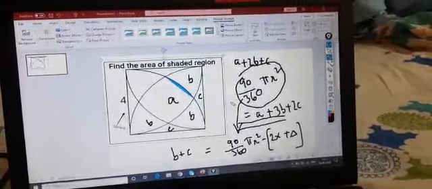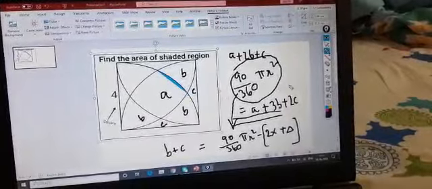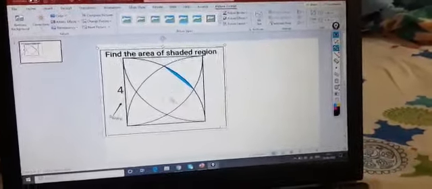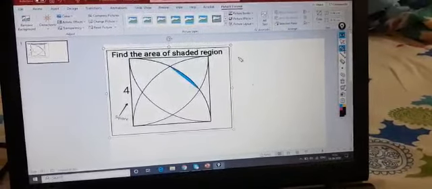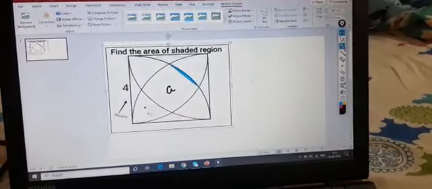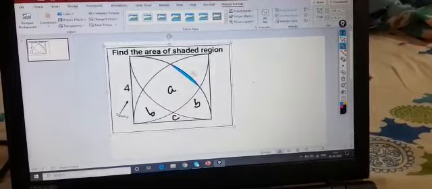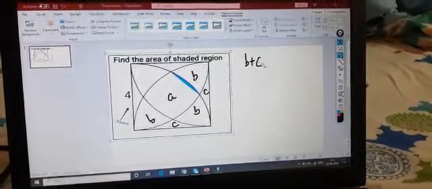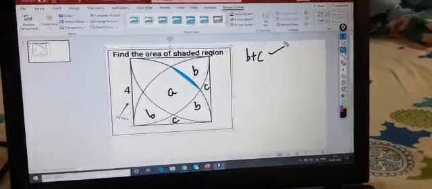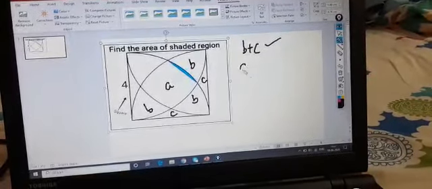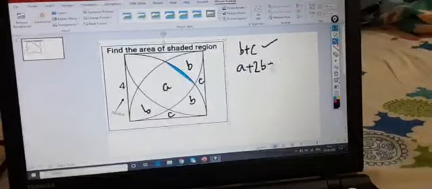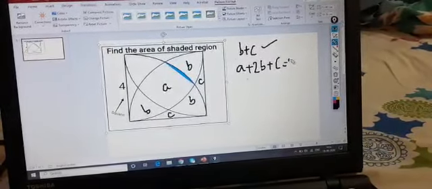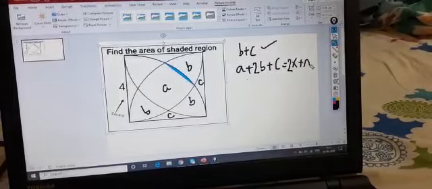So I'm just clearing the stuff, and let us write down what we have now. So I have first equation here. I have B plus C as we found out in previous equation. I have A plus 2B plus C, which is nothing but 2 times capital X plus area of equilateral triangle.